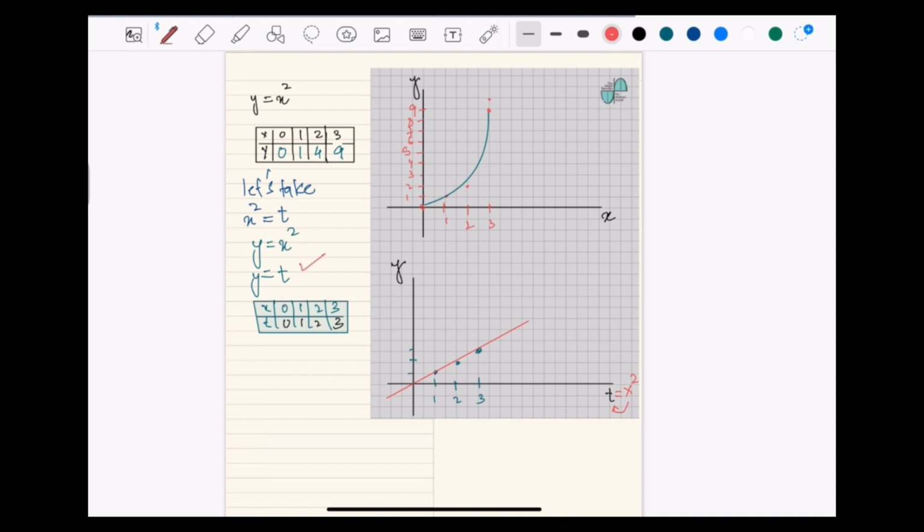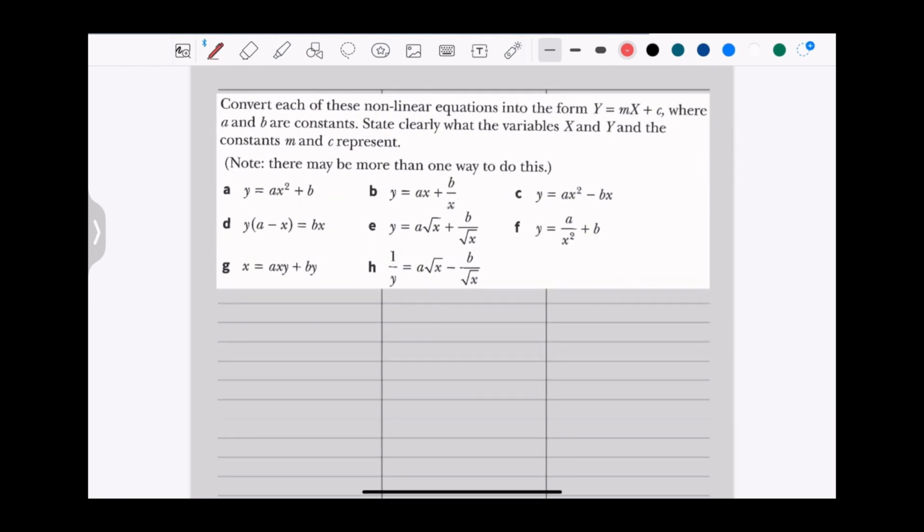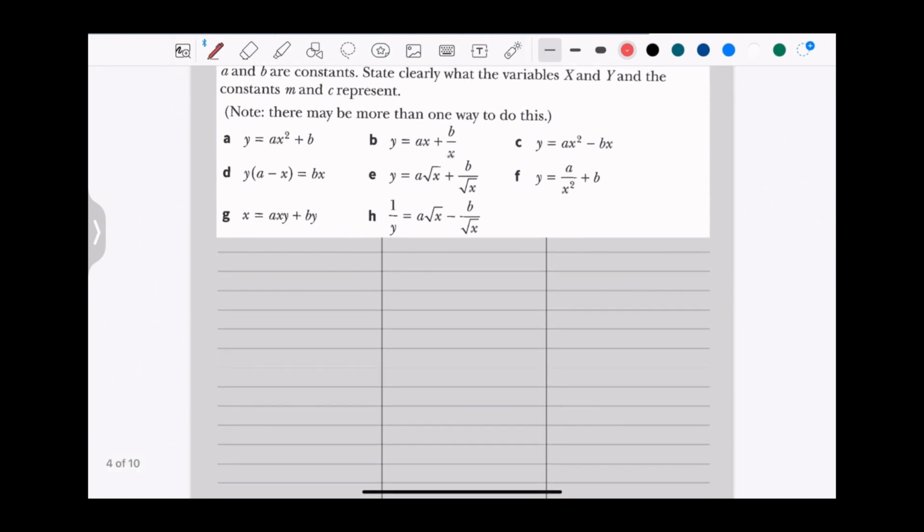So let's take some examples here. We'll see some of the questions. If you look at this first one, it says y equals ax squared plus b. If I try to look at it, then y equals mX plus c, where I take X as capital.